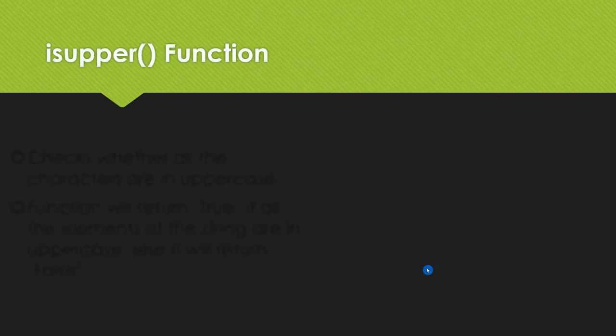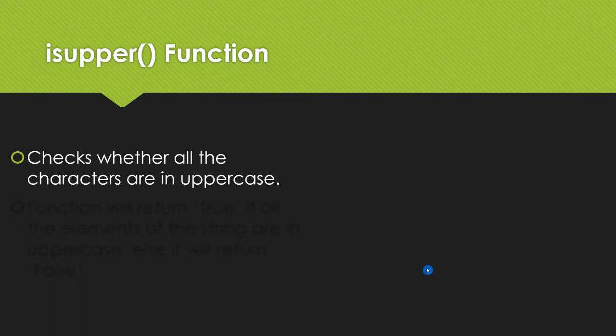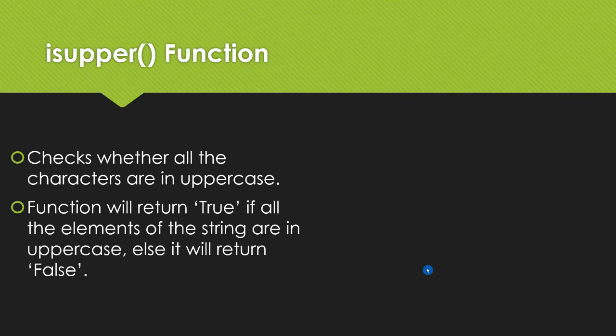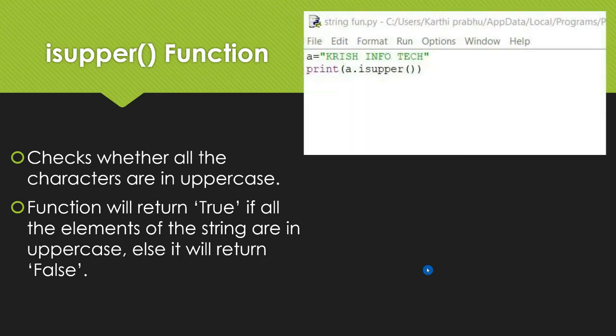Next we are going to see the isupper function. This checks whether all the characters in the given input are in uppercase. This function returns only true or false. It will return true if all the elements in the string are in capital letters, else, even if a single character is in small letter, it will return false. For the example, I've given everything in capital letters. print(a.isupper()). I'm checking whether all the characters in a are uppercase or not.